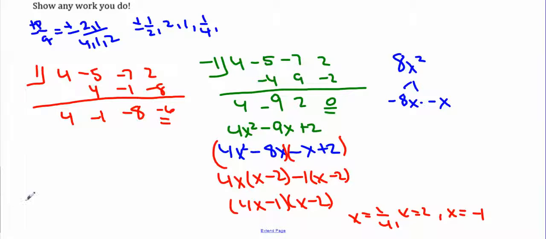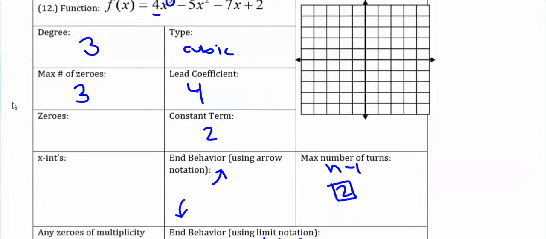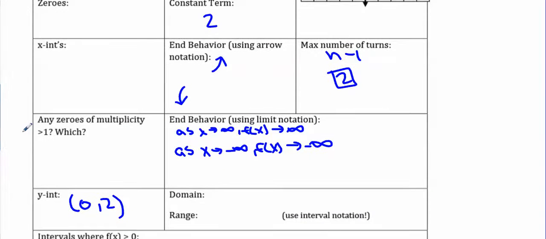All right, so now we can go back up and fill in the rest of our charts. Okay, so my zeros are x equals 2, negative 1, and 1/4.